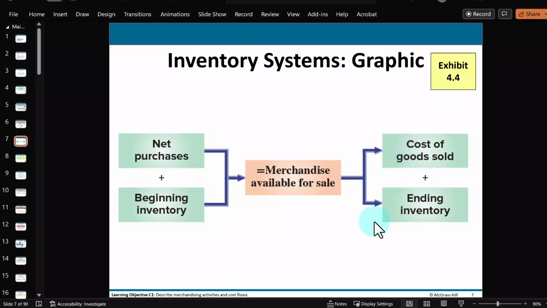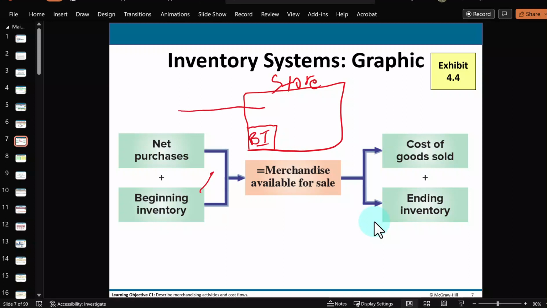Let me illustrate this maybe slightly different. So let's say that this box here represents our store. And sitting in our store at the beginning of the year is stuff that was unsold from the previous year. Here we call that stuff beginning inventory. That's this item here. And then during the year, we buy more merchandise.